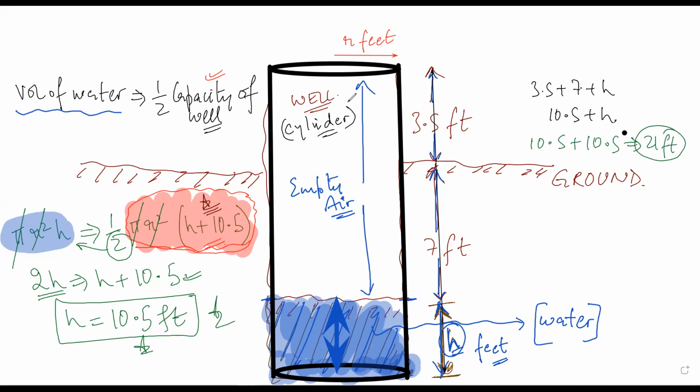So from here till here, this is the total height of the well, and the total height of the well would be equal to 21 feet. Sarthak, have you understood? Yes. Okay, nice.